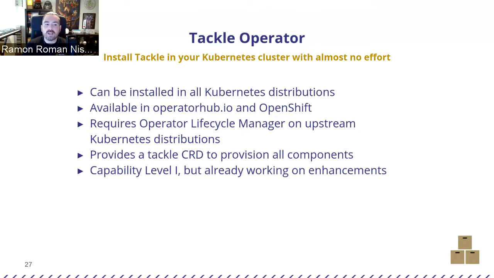So the Tackle operator is available on the upstream operatorhub.io and also on the operator hub flavor that comes out of the box with OpenShift. Of course, it requires OLM to be installed on upstream Kubernetes, but that's the only requirement that we have.